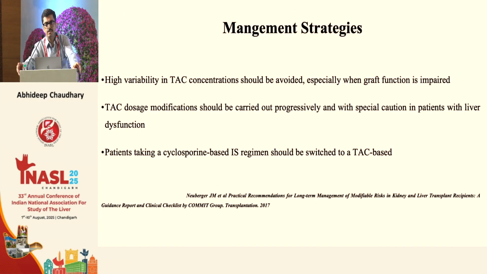Now, what are the management strategies? As I mentioned earlier, try to prevent it by optimizing the immunosuppression, or if someone is suspected or there are high-risk features, as I discussed earlier, try and biopsy and look for chronic rejection at an early stage. In the early stage, optimize the TAC level, and if someone is on cyclosporin, change it to tacrolimus.